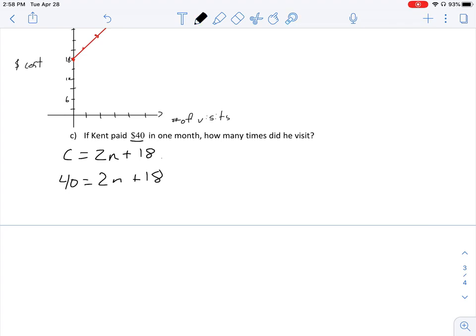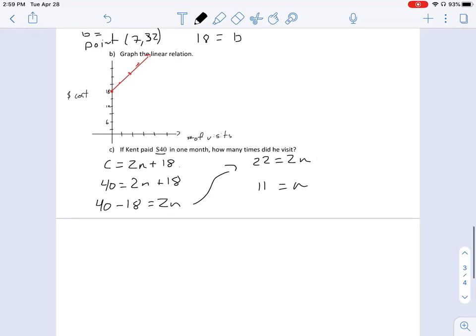So I then need to solve for my variable of n. So I would have 40 minus 18 is equal to 2n, which would then give me 40 minus 18 is 22 equals 2n. Divide both by 2, n is the value of 11. So therefore, he went 11 times.